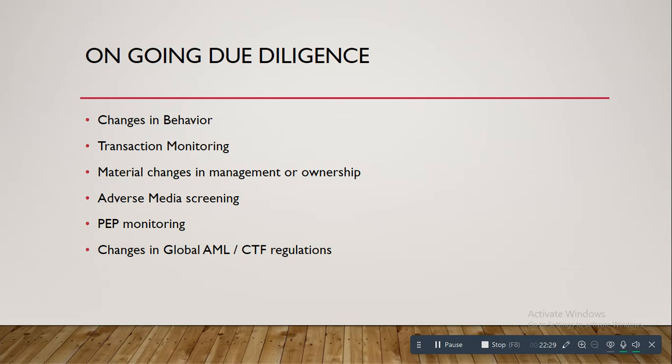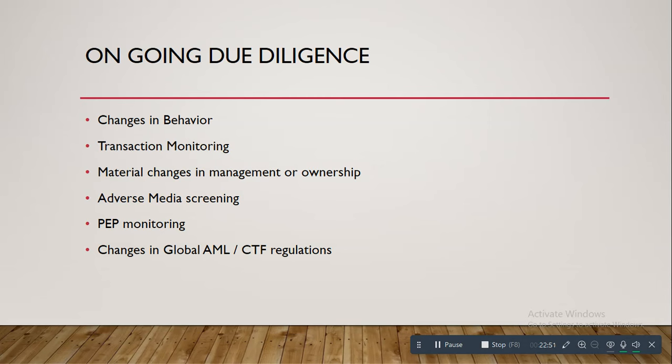Transactions are monitored if they are from any high risk zones, or any areas where criminal activities are there, or any areas where sudden political changes have happened, and these are under global rules and regulations or sanctions. So these kinds of things are monitored, and the transactions are continuously monitored.